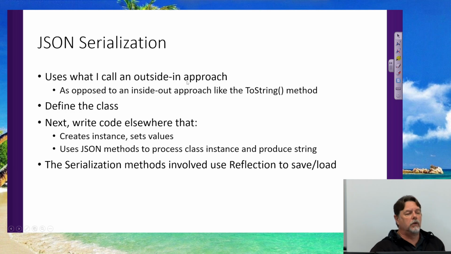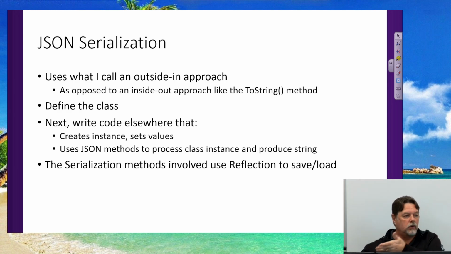Serialization uses what I conceptually think of as an outside-in approach. The inside-out approach, the opposite of that, would be like the toString method, where you call an object's toString method and it returns a string with a textual representation of whatever you wanted to see about that object.